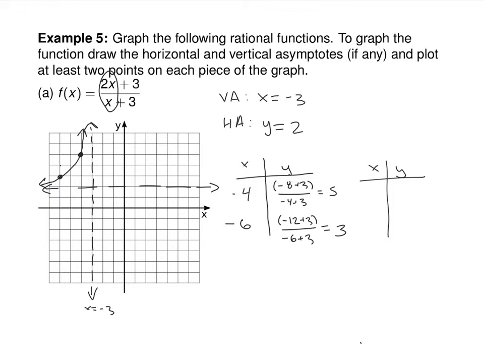On the right, I'm plugging in 0. You plug in 0, you get out 1. Okay. It probably is easier if you plug in numbers that are a little bit closer to that vertical asymptote. Does that idea make sense? So I don't think -1 works out very nicely. I actually plugged in -2.